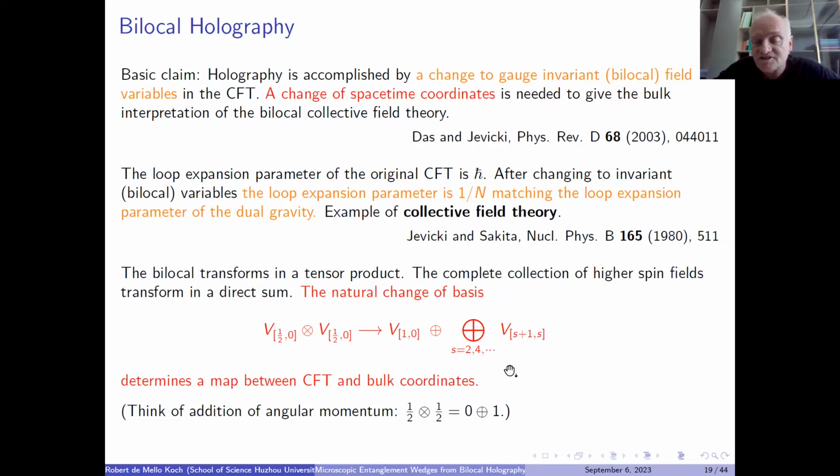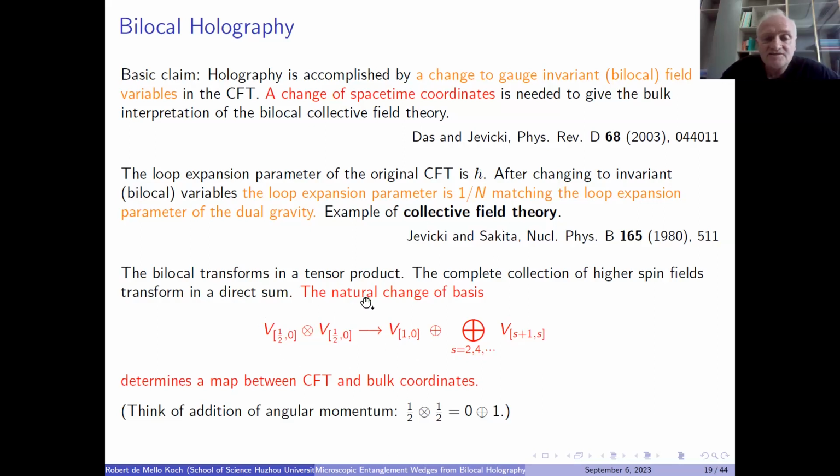This, of course, is just the spectrum of single trace primaries, or equivalently the spectrum of fields in the dual gravity. Each field in the higher spin gravity transforms in an irreducible representation of SO(2,3), so it's in this direct sum basis that you get your gravitational interpretation. Each of these factors in the direct sum is a field in the gravity.